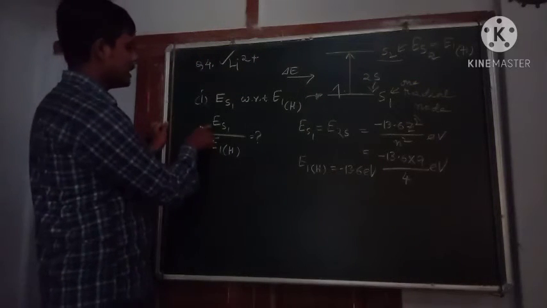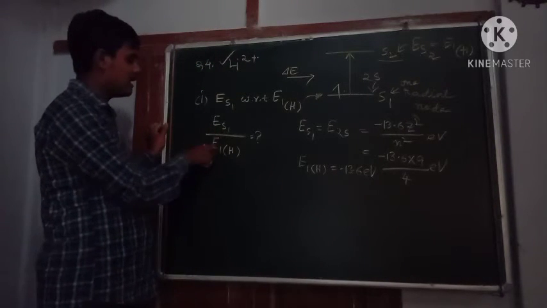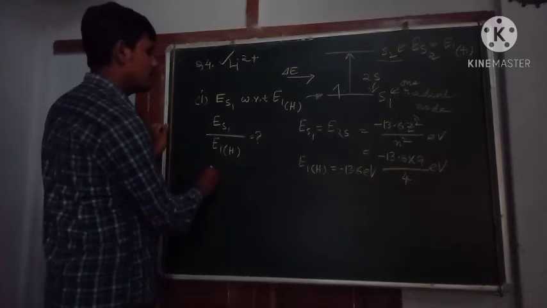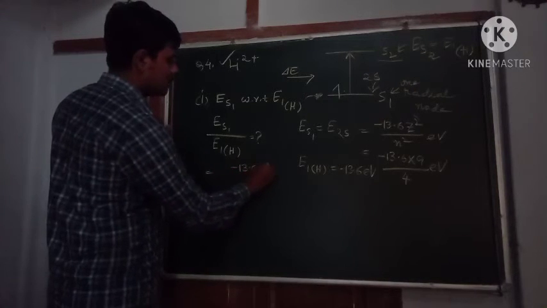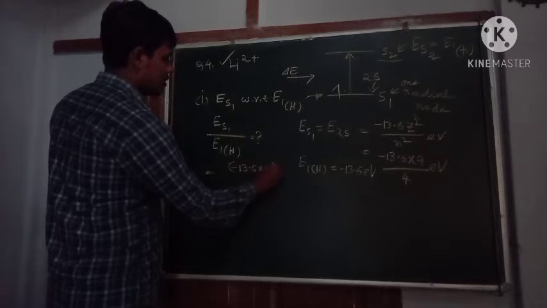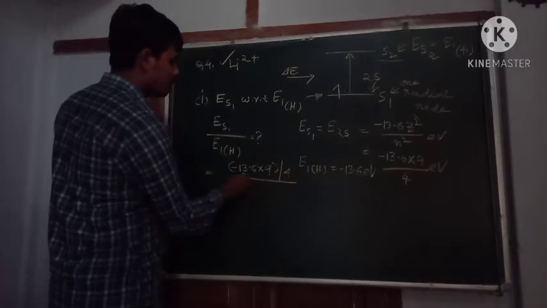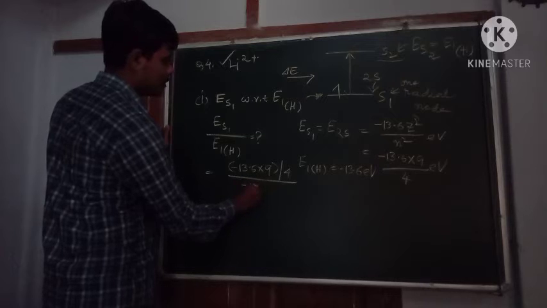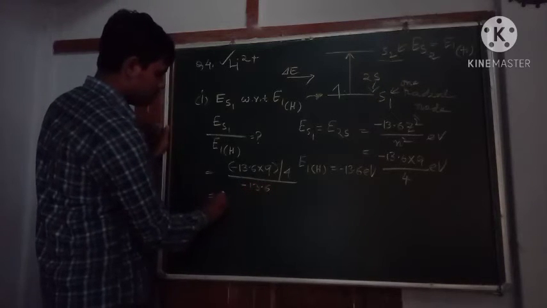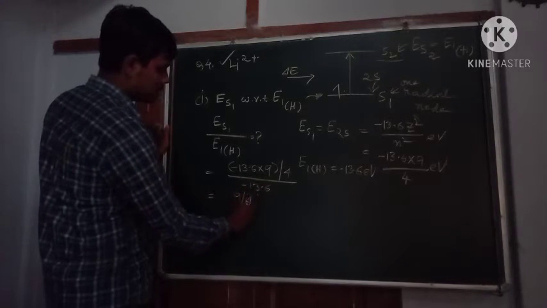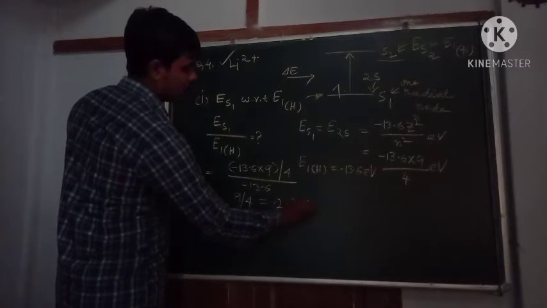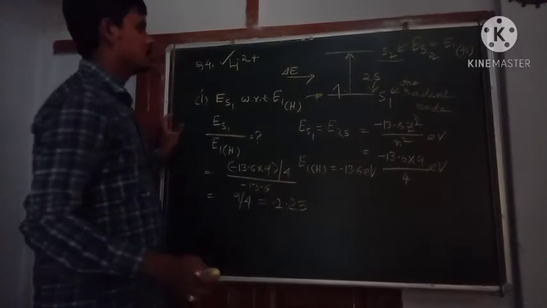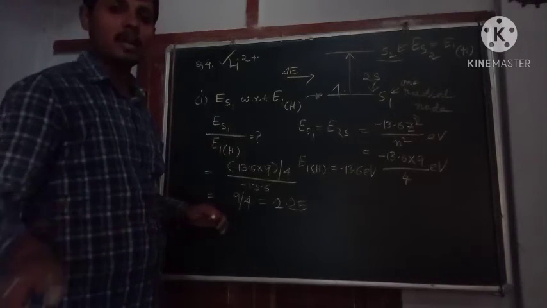So energy of the S1 state of lithium by energy of the ground state of hydrogen will be minus 13.6 into 9 by 4 by minus 13.6. This is equal to 9 by 4, which is 2.25. Okay, so this is the second part of the question that you are asked to do.